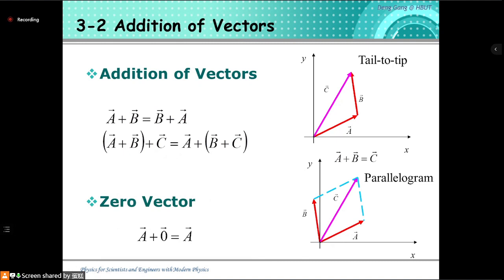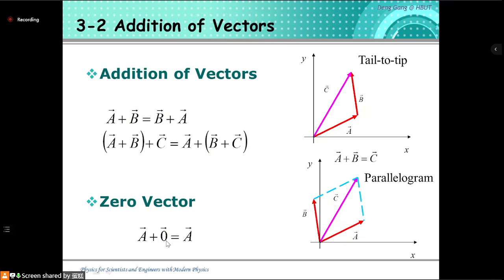And we can define the zero vector. The zero vector is a vector that has zero length, but it can have a direction. We write a zero with an arrow on it to mean the zero vector.